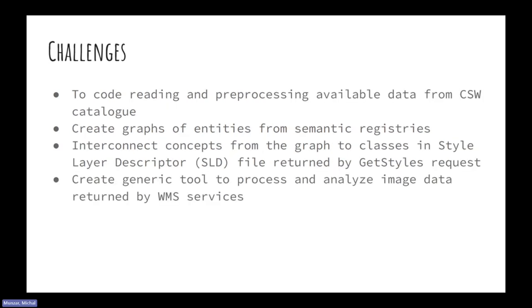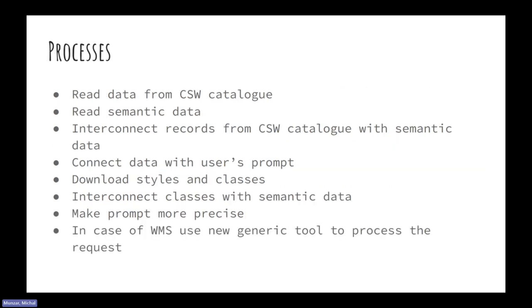The challenges we face are to write functions to preprocess and get the data from the CSW catalog. Then we also need to create graphs of these semantic entities, connect styles with them by the name of the classes, and then program this generic tool to process the WMS data.